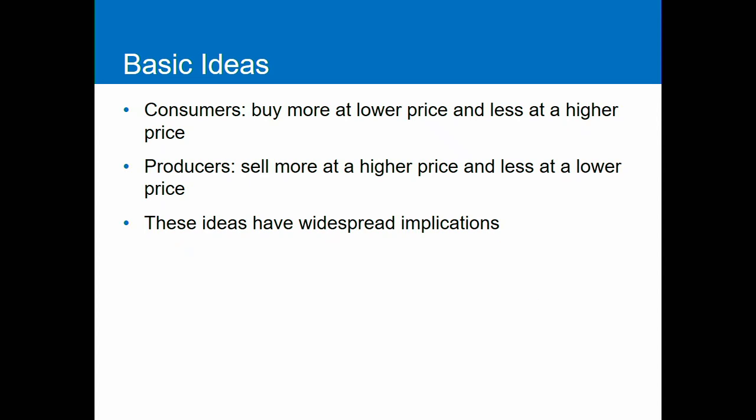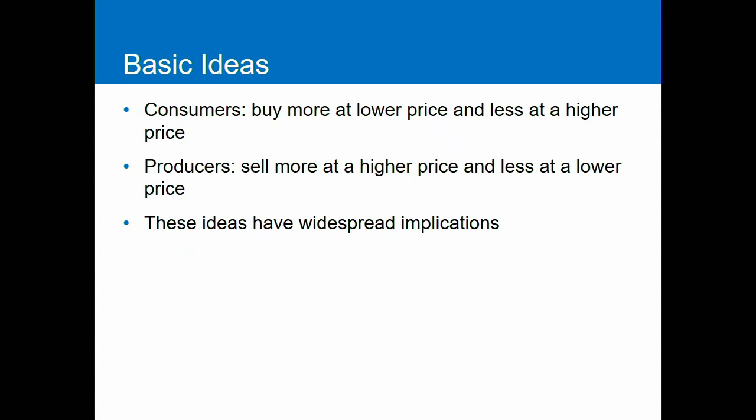Basic ideas: consumers buy more at a lower price and less at a higher price. Hopefully this is intuitive to you guys. Also, producers sell more at a higher price and less at a lower price. Remember, producers have that hard budget constraint. They can't lose money, so that prevents them from selling at a loss, at least over the long term.